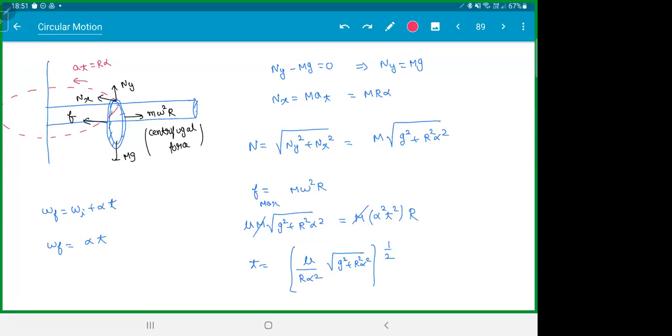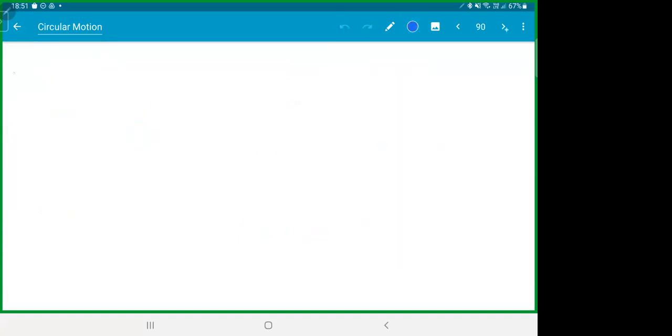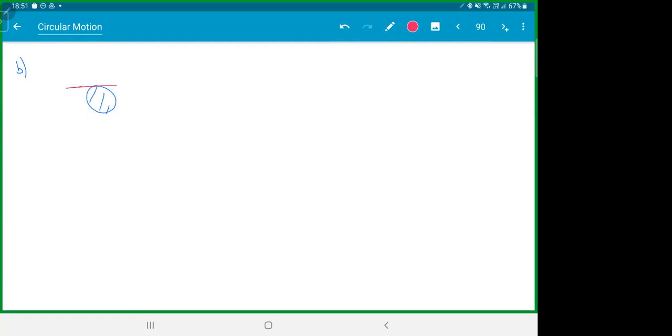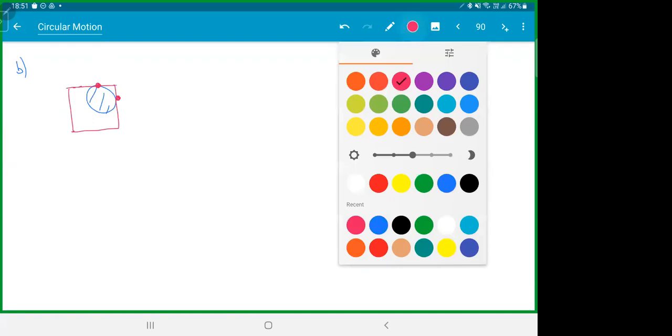How are you getting the mu alpha? It's not the answer. See, what is the difference between the square frame and this? If you look at the rod now, that square frame will be like this. It will have 2 points of contact. If you put a square frame over a circle, it will touch at 2 points.